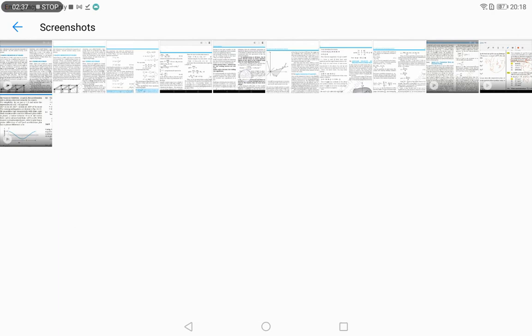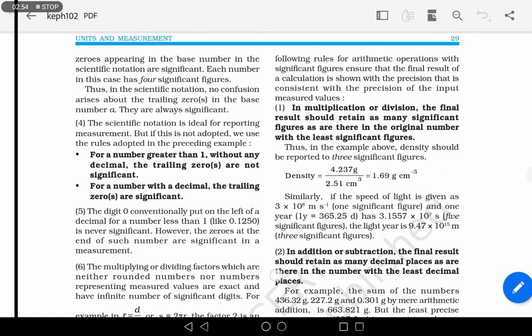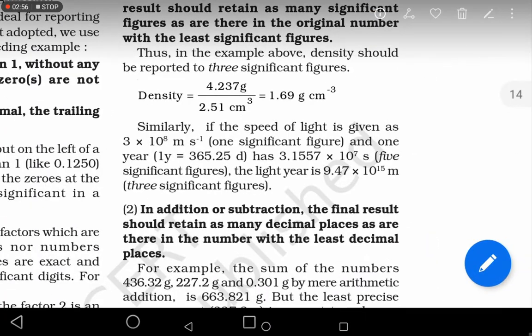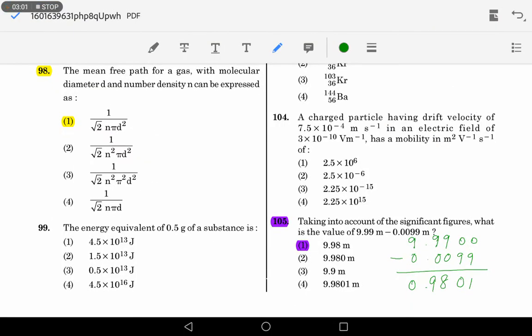And there is also an NCERT text line based on this question, which I will show you now. In addition or subtraction, the final result should retain as many decimal places as there are in the number with the least decimal places. There are two numbers involved here, but the number with the least decimal places, that is 1 decimal place, is this number.